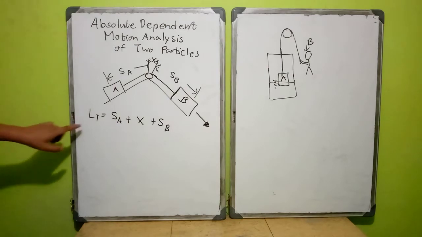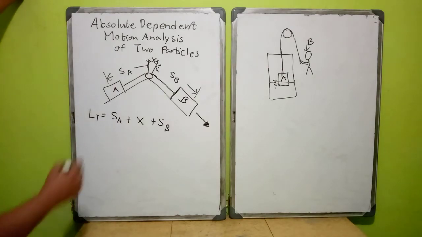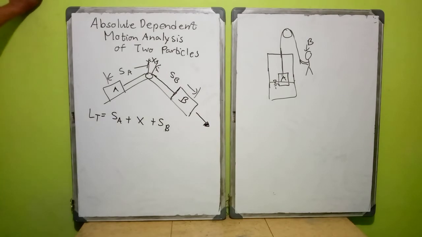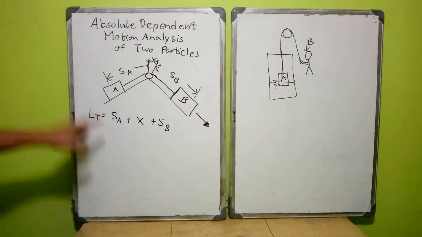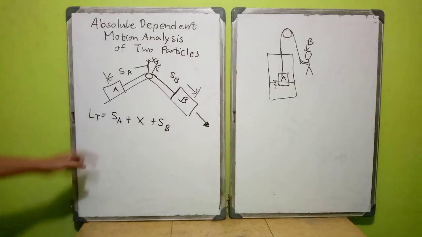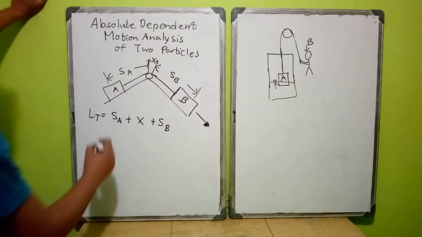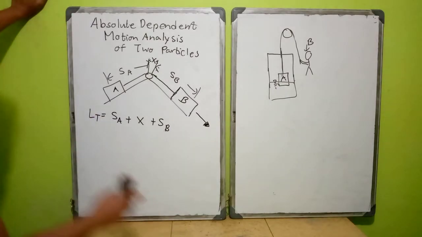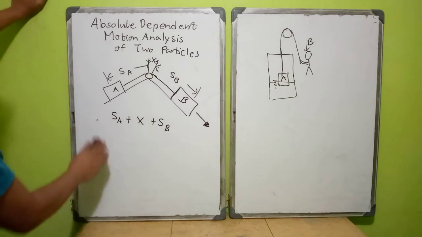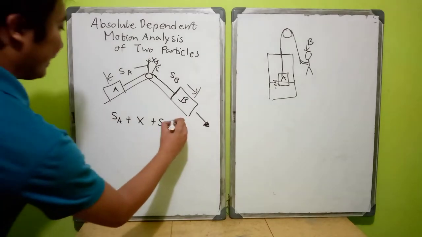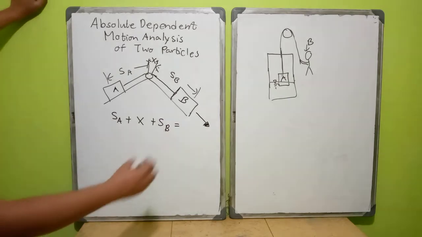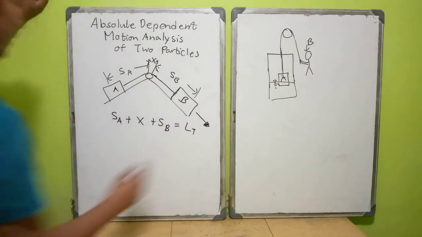Let us say your LT is your total length. It's given. If you differentiate this equation, you can also rewrite it by transferring it to the right, so it will be LT.